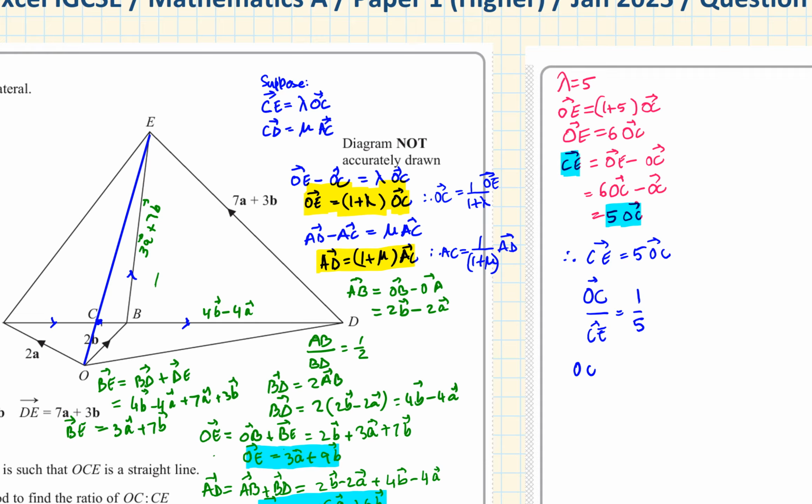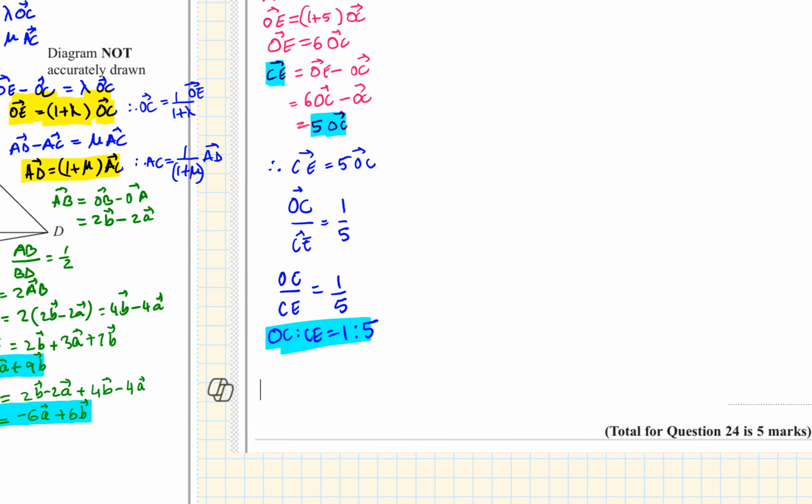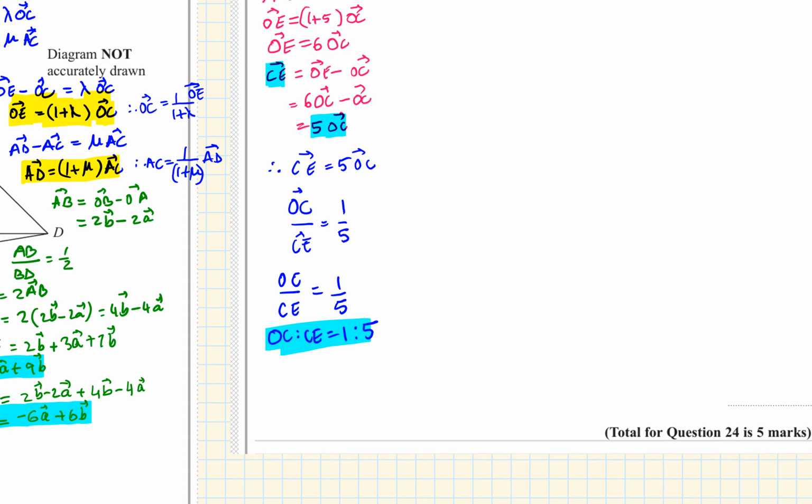That's the ratio between the two lengths. We have found using vectors is 1 over 5, or 1:5. So that's our answer. So we need to put it down: 1:5.